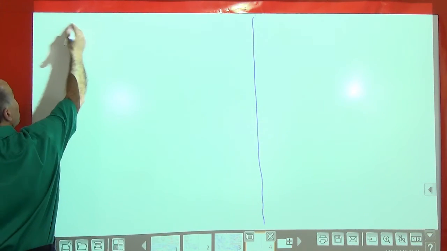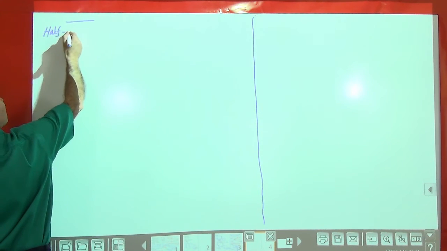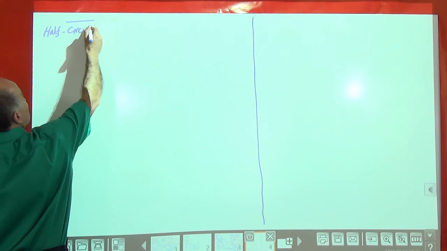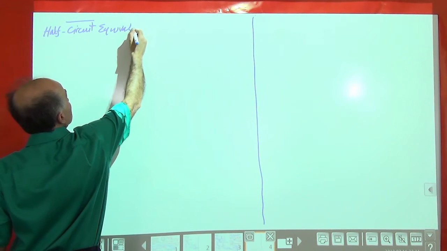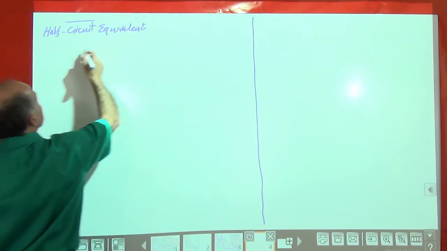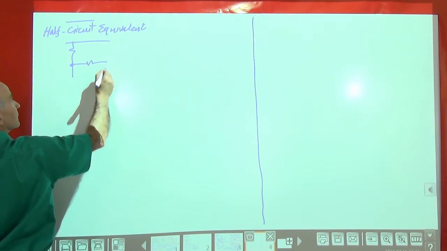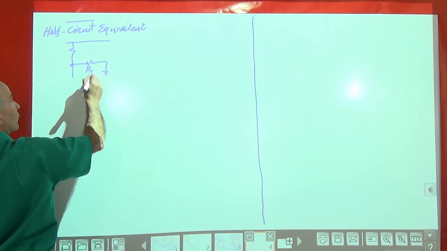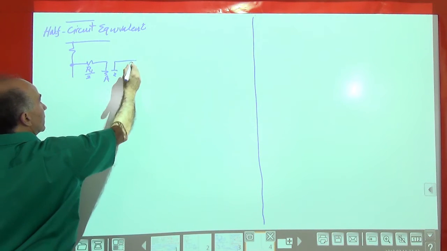Okay, so here's what we have. Half circuit equivalent. This is RL over 2. This is node A, which has turned into AC ground, right?